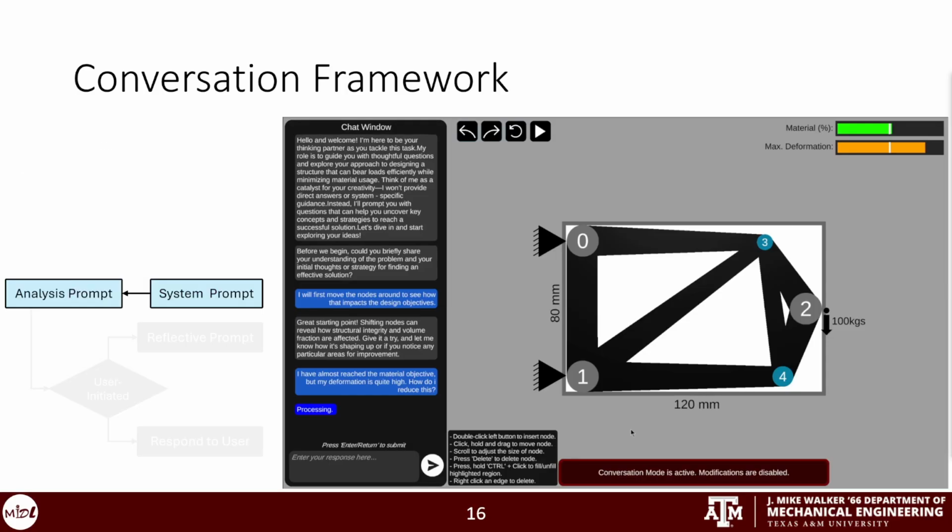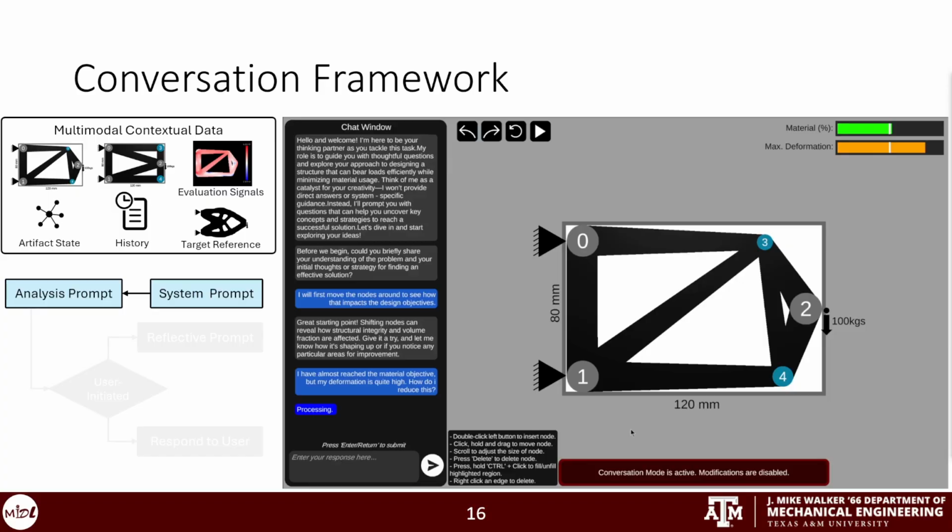The next step in our framework is to create an in-depth analysis of the user structure, and this is done through the analysis prompt. For this, we provide the prompt with multimodal contextual data, which includes the visual snapshots of the current structure, the underlying graph representation, historical information of previous iterations, evaluation signals including the stress distribution plots that are obtained from the FEA analysis, and finally the target reference, which is obtained through the topology optimization of the given constraints.